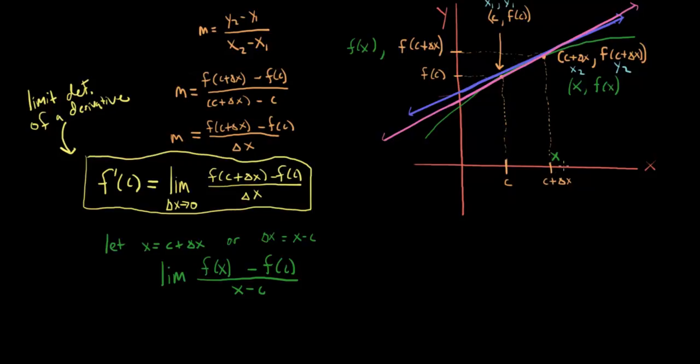If we're going to talk about the point x comma f of x, then we could say as x gets closer and closer to c, which makes sense algebraically, because if delta x is getting closer and closer to 0, what's happening to this expression right here? As delta x goes to 0, then x is going closer and closer to c, eventually maybe equal to c, maybe. So we can say x approaches c.